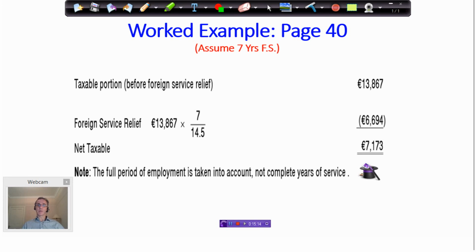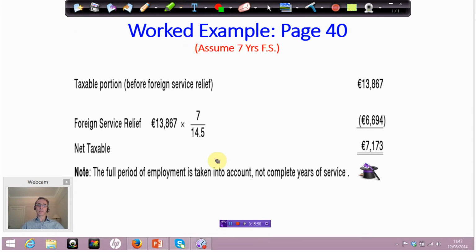In this example, FA12 from the BPP text, page 40, it assumes 7 years of foreign service. You'll recall from the previous example, we had 13,867 left over, just after we've used everything we could possibly use. Of that 13,867, John does have some foreign service, so what element of the amount that still remains taxable can we get relief for? I'll draw your attention to the bottom of the fraction.